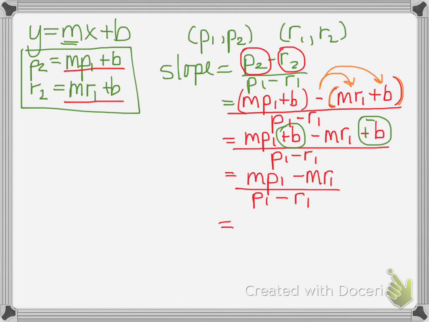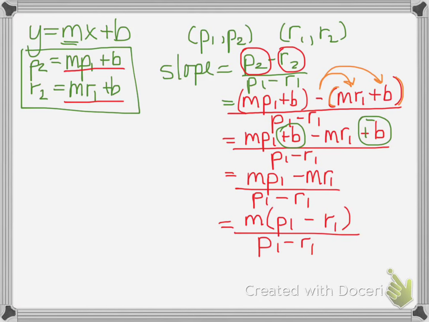And what I'm going to do is I'm going to use the distributive property again, and I'm going to factor an m out. So for this first term, m times P1 minus m times R1, I can rewrite that as m times the quantity P1 minus R1.